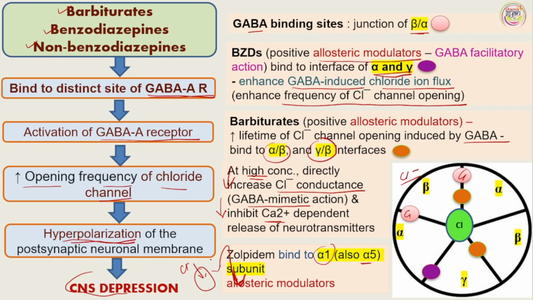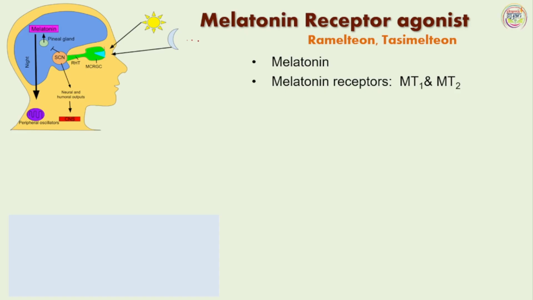So this is the mechanism of action of barbiturates, benzodiazepines and non-benzodiazepines. Now we are going to focus on the drugs which do not act through the GABA A receptor.